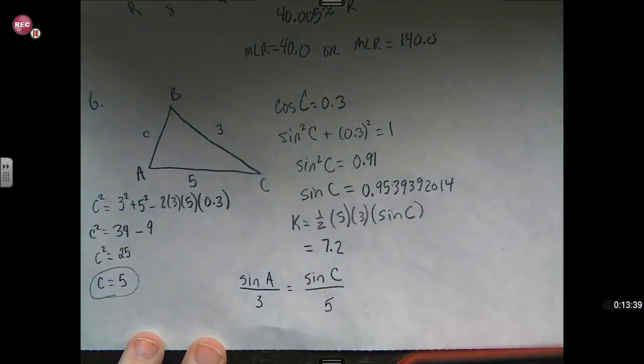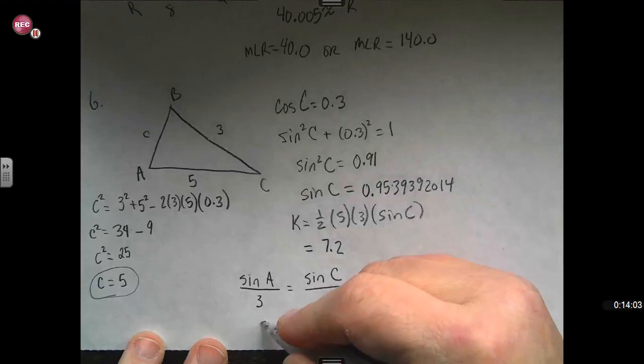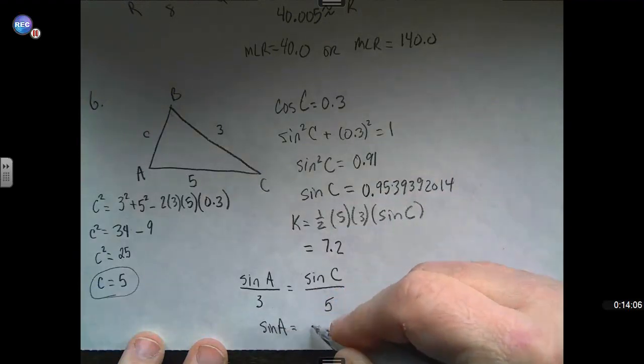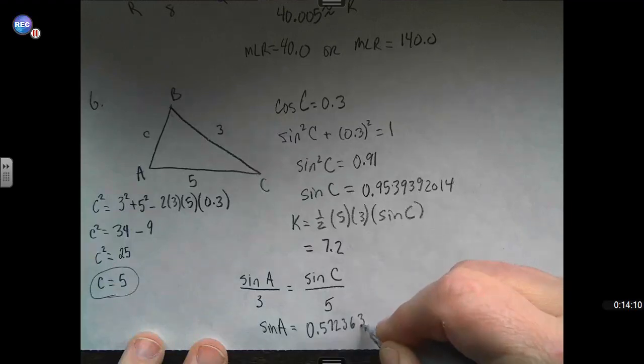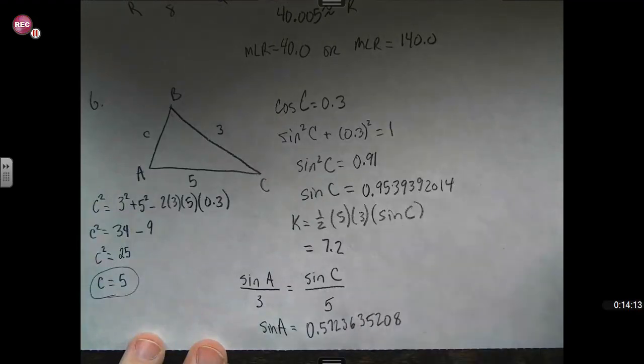And so let's see, 3 times 0.9539392014 divided by 5. And that gives me the sine of a is 0.572363528.